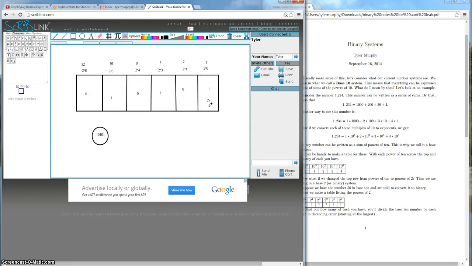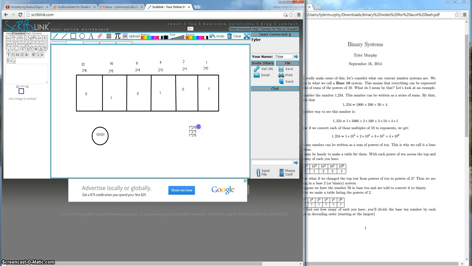So I'm going to make a table of what I have. I have 1 times 2 to the 0, 1 times 2 to the third, and 1 times 2 to the fifth.